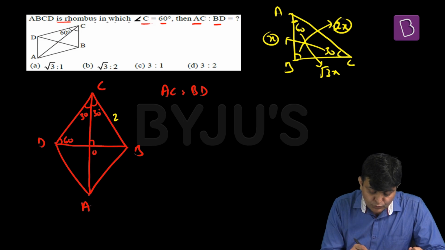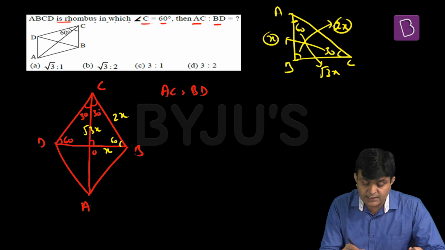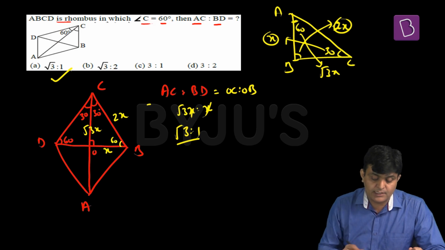If this is 2X, then this is X, because this is also 60. This is root 3X. So AC ratio BD is equal to OC ratio OB. That means root 3X ratio X. Cancel out, root 3 ratio 1, A part is our answer.